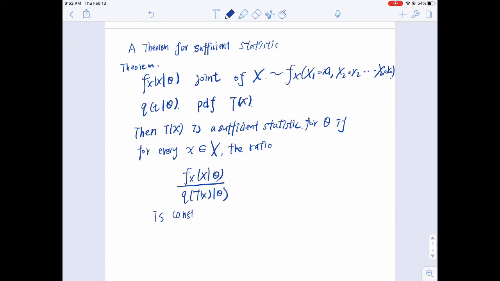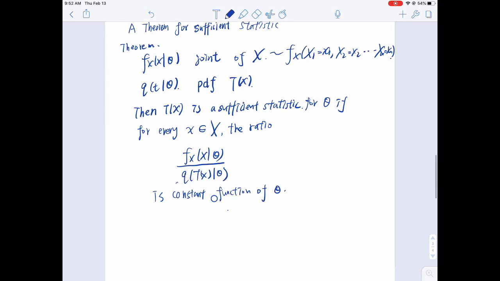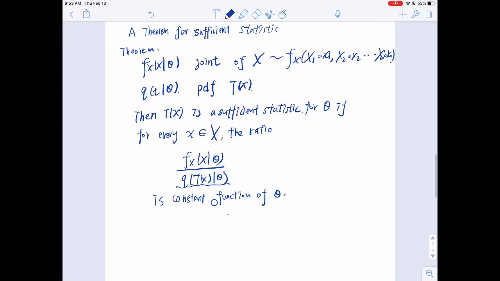What does it mean when they say it's a constant function? When you look at the distribution, there's no theta involved in the final result. That's what it means when they say it's a constant as a function of theta. But you can include x or even other parameters that are not theta in this ratio. You can still call T(X) a sufficient statistic.